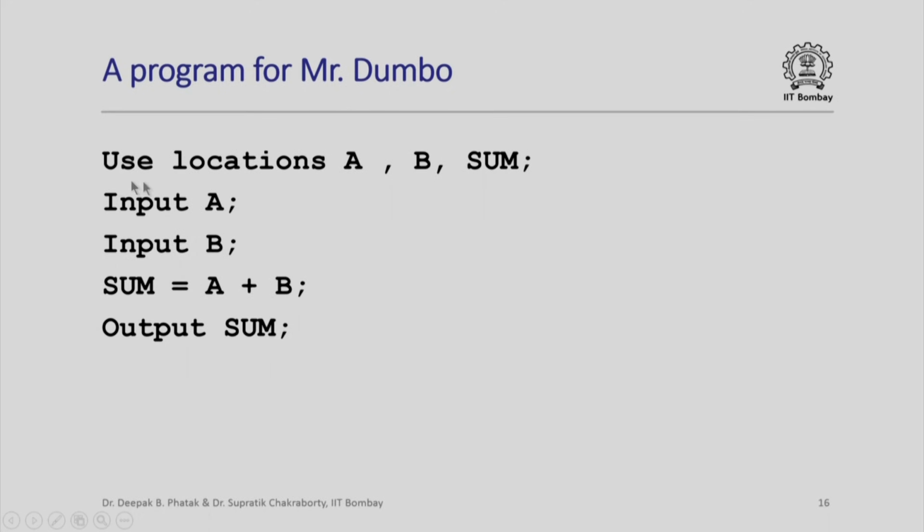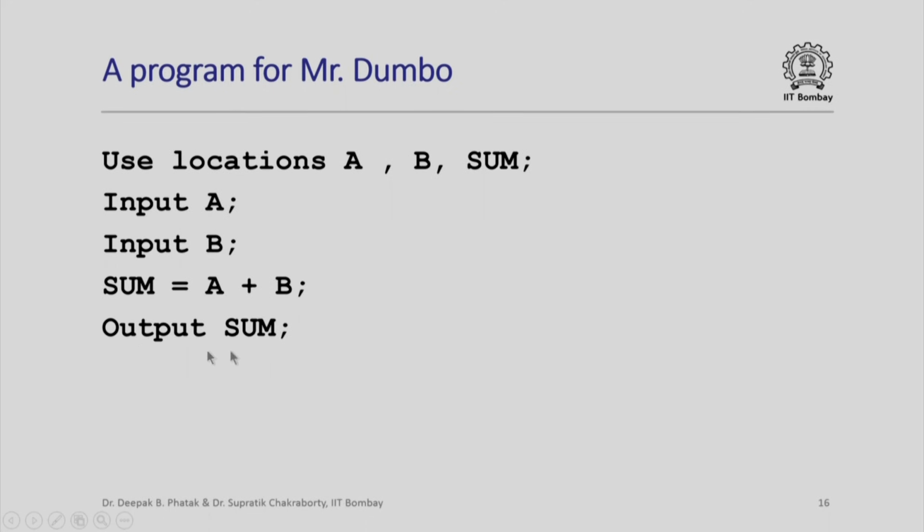Notice that the first instruction is actually a declaration instruction which tells Dumbo that we are going to use three names in our program: A, B and sum. The next two instructions are the executable instructions through which Dumbo will get a value for A and a value for B. The third instruction is an assignment instruction where the right hand side A plus B is calculated first by Dumbo and the single resultant value is assigned now to the location for sum.